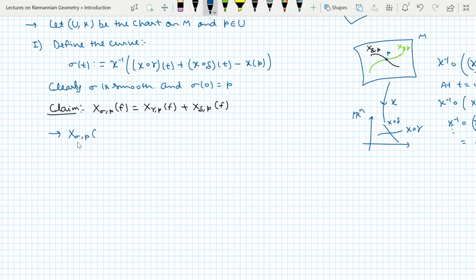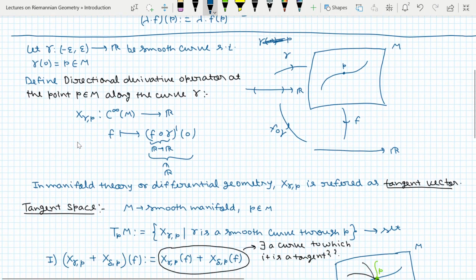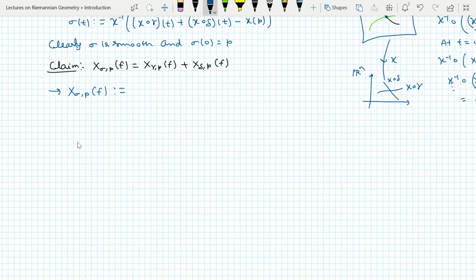So let's take our X_{σ,p}, and it will operate on the smooth function f. So just apply the definition. We know the definition. It is just the derivative of the composition of the function with the curve.